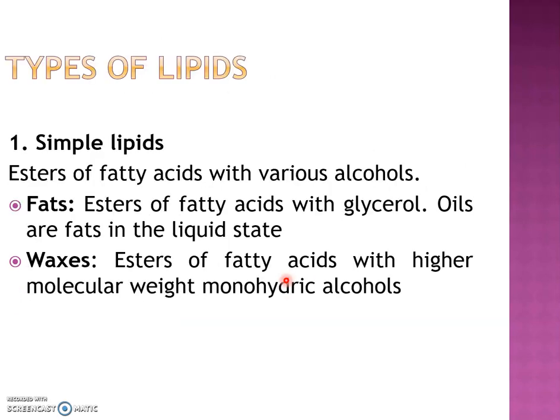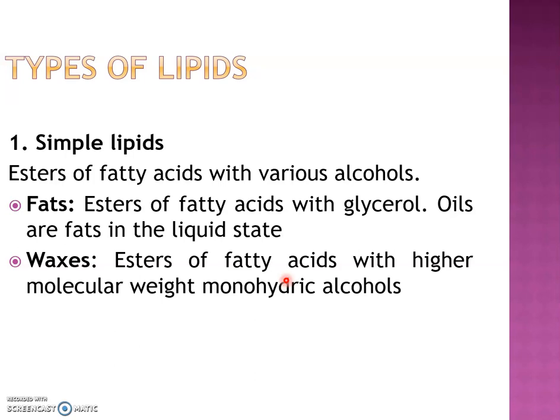Then another category of lipids is mainly of two types. This classification is also based on hydrolysis. Already we discussed that all the lipids on hydrolysis yield fatty acids and alcohol, because all the lipids are esters of long chain fatty acids.